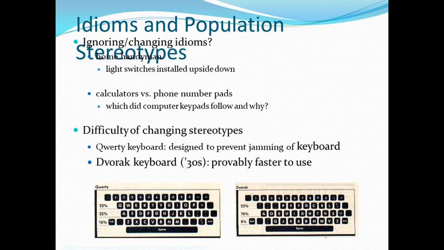Calculator and phone number pad. Which did the computer keypad follow and why? Since you must be using a laptop to see this video, you can check whether your numeric keypad is in the same fashion. Did you know the physical landline phone keypad to dial a telephone number, the sequence of keys there and the sequence of keys on the computer calculator are exactly opposite? On a calculator, it starts with 987 on the top row, followed by 654, followed by 321 and 0.